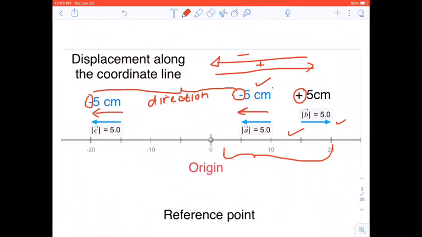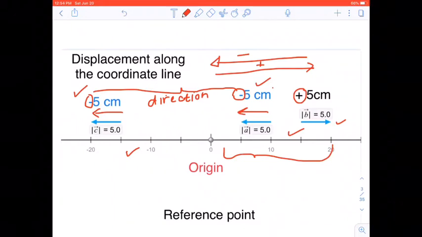Here you've got a negative direction for that displacement, and it's on a negative side of the coordinate, right? So what is important there is you need to know that when you've got a displacement that is either positive or negative, it does not tell you anything about which side of the coordinate line that displacement is.